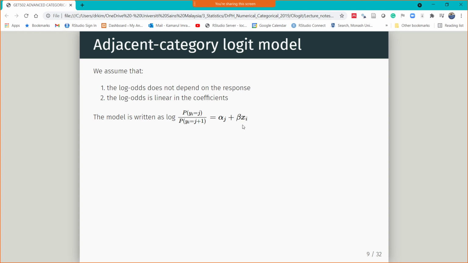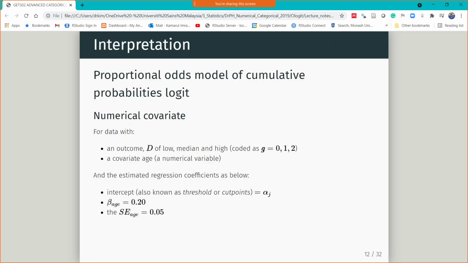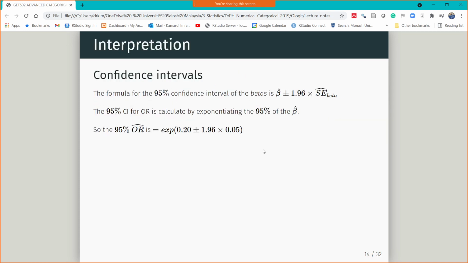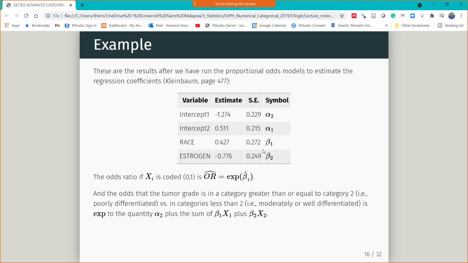Because of that, sometimes you need to do some constraining of the beta to get the average beta value. However, in the proportional odds model, it is not a problem. You will have only one beta value for each of the covariates.